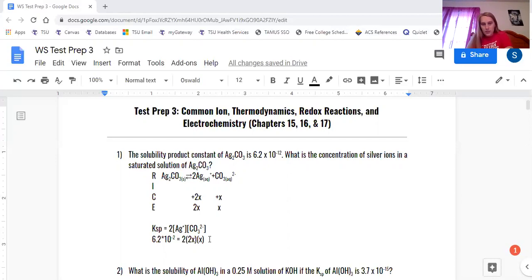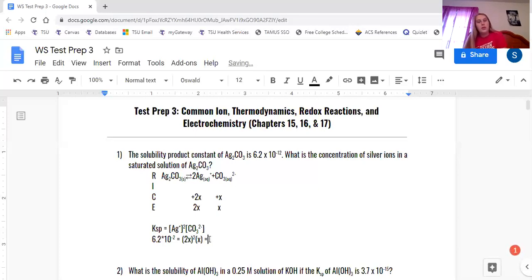So then we know that this is going to be, oh, I put that in the wrong place. That should be squared, and that's going to make this squared.